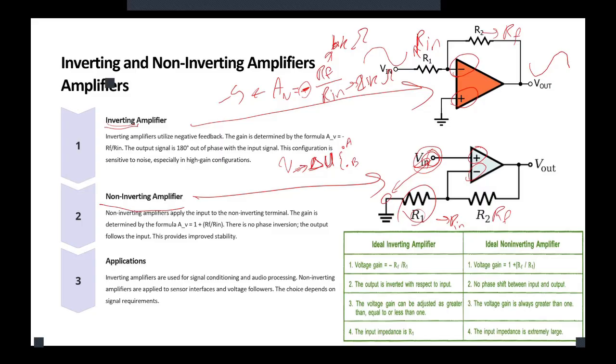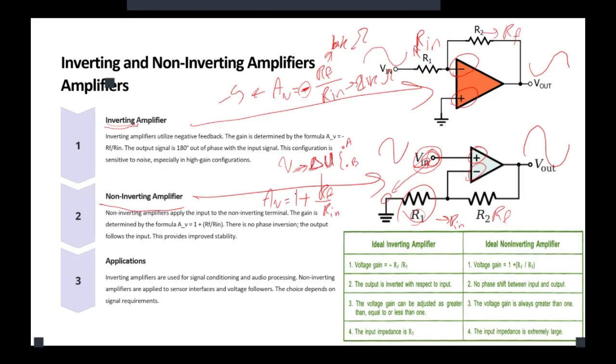Now, in the non-inverting one, we don't have any phase shift. So if we have a sine wave, we are going to have an amplified sine wave in phase with the input. There is no phase shift. The gain in the non-inverting one is going to be 1 plus RF over Rin.